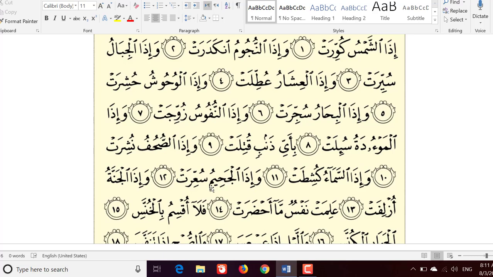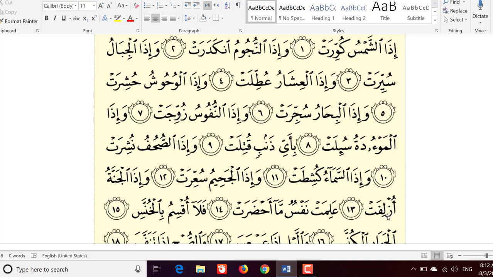Again, singular, it doesn't have the ta marbuta. So we have a lot of examples here of feminine words that don't have a ta marbuta in them. And so it's naturally singular feminine because jahim is singular and feminine. وَإِذَا الْجَنَّةُ أُزْلِفَتْ, and then again singular feminine jannah, and so its verb is singular feminine.